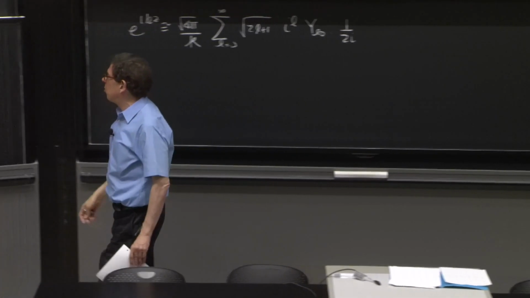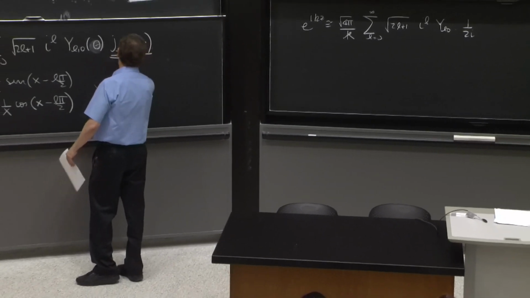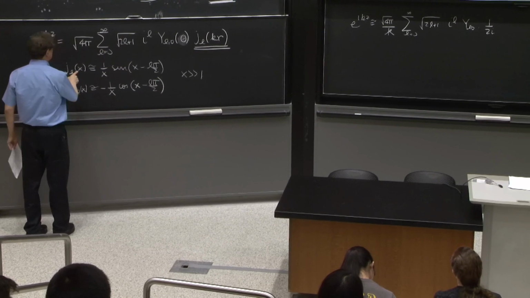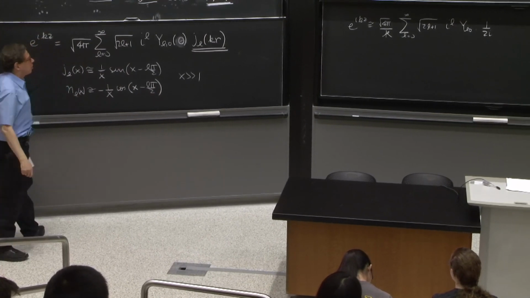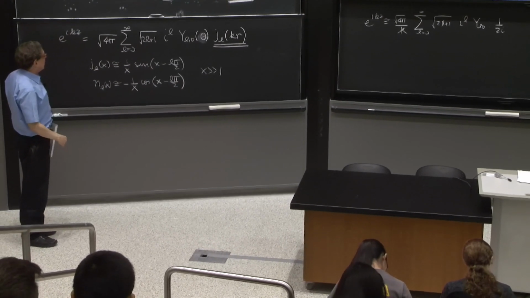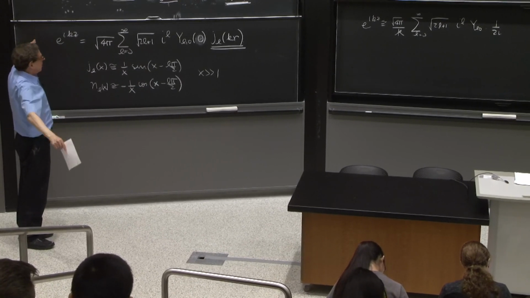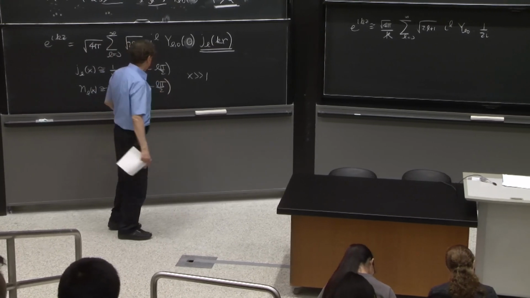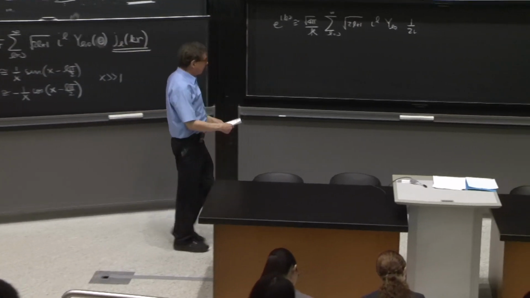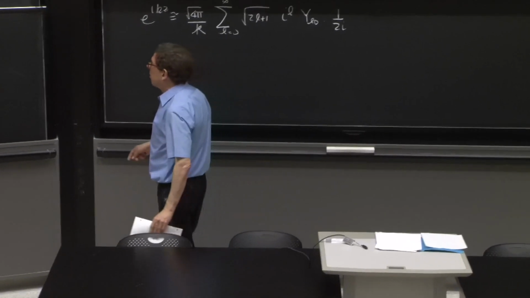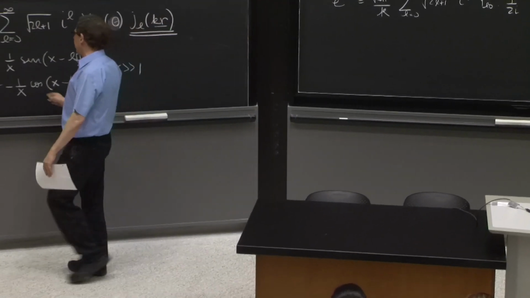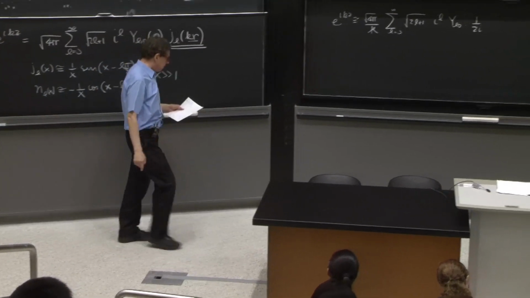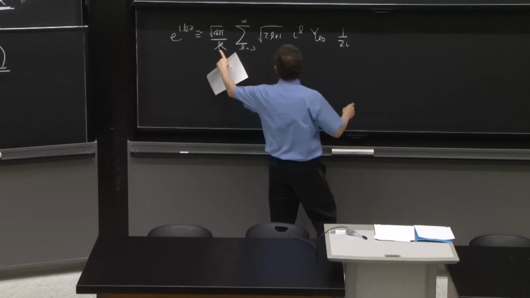Basically, what I'm going to do is I'm expanding this j_L function for large x. So I'm going to take this equation, and I'm going to expand it so that the argument is large, which means r is large. I want to describe for you those waves that are really going on here. Since the argument is kr, and you have a kr here, that's the origin of the k that I pulled out in here.